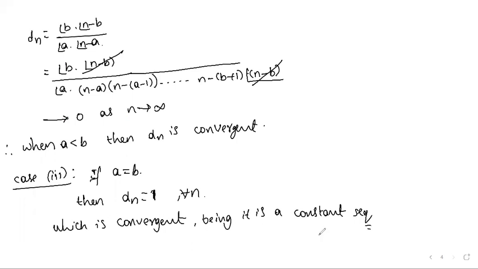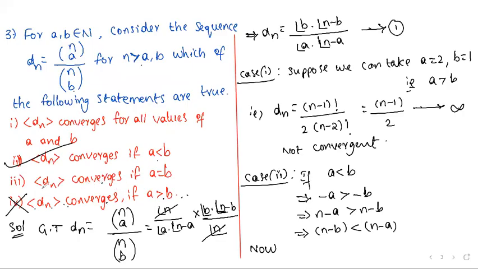So in case 3, a equal to b also converges. So option 2 and option 3 are the right answers. This is the way we have to solve any problem: by using the given options, we can solve the given problem.